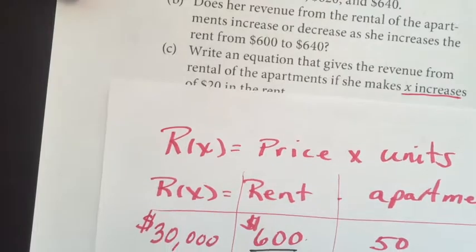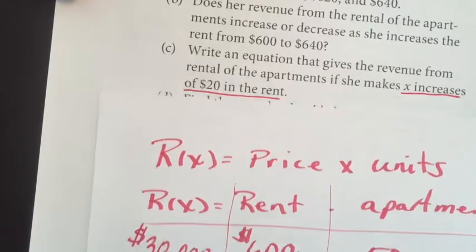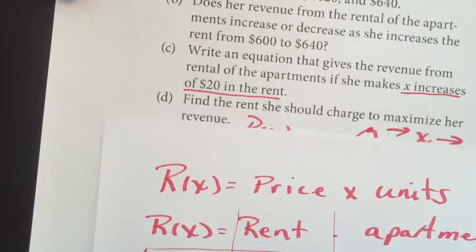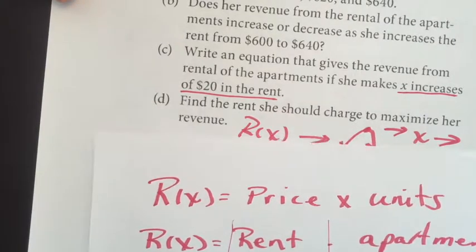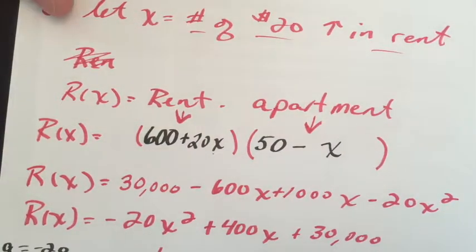The question, though, is not how many $20 increases we have. The question is, find the rent she should charge to maximize her revenue. At the same time, we were not asked to determine the maximum revenue. We're just asked to determine the rent that will give us maximum revenue.